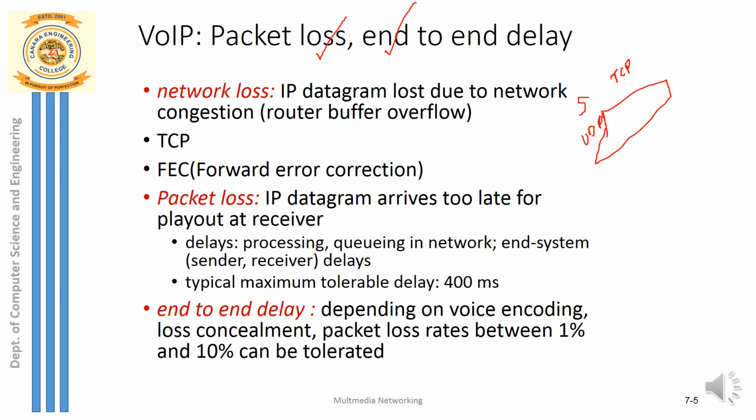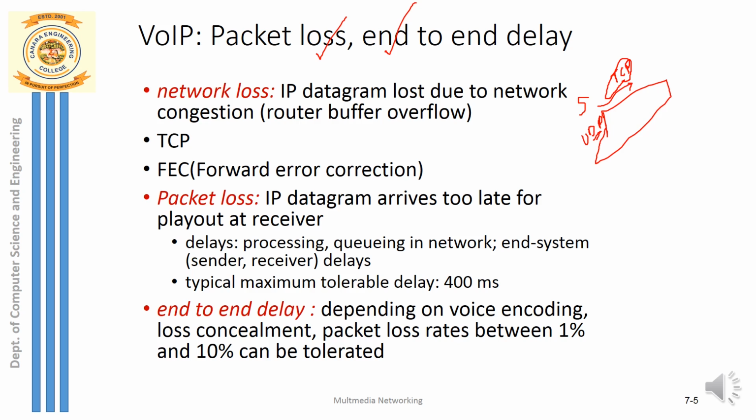In TCP, if any packet gets lost, TCP has a mechanism to overcome that issue by retransmitting the lost packet. As you already know, TCP retransmits the lost packet, but UDP doesn't have that retransmission policy.